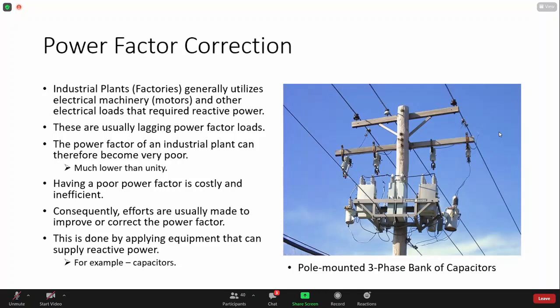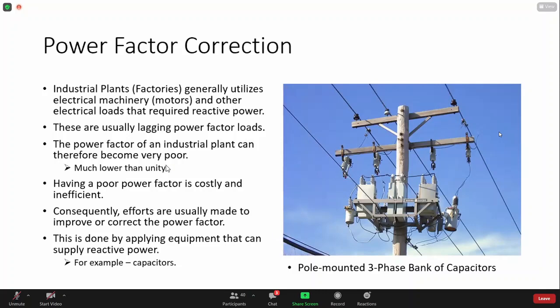So the capacitors are connected close to the transformers, usually connected close to the loads. So when you're out on the street, you can look up and see these kinds of rectangular shaped boxes; these would be the power capacitors. For a 3-phase system, it's usually referred to as a 3-phase bank, or a bank of 3.